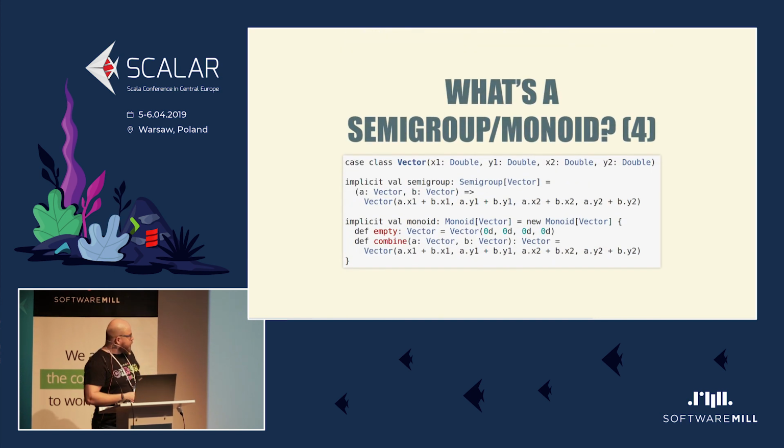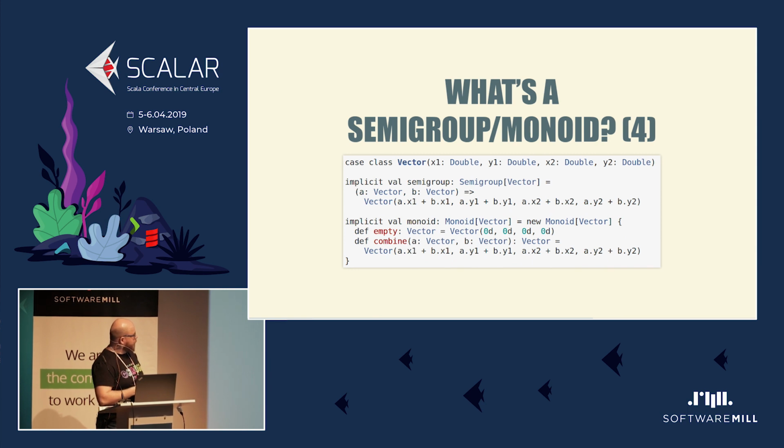And writing instances for semigroup and monoid is quite simple. It's only that you have to do a lot of additions because you have four elements. It looks kind of complex at first in this example. But for semigroup, it's even easier because from Scala 2.12, you can use the shortened syntax that converts traits or abstract classes with one abstract member from functions. So this is basically the definition of combine here.